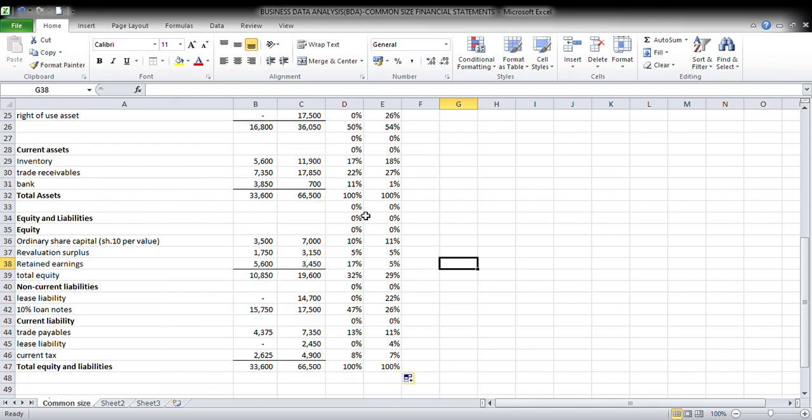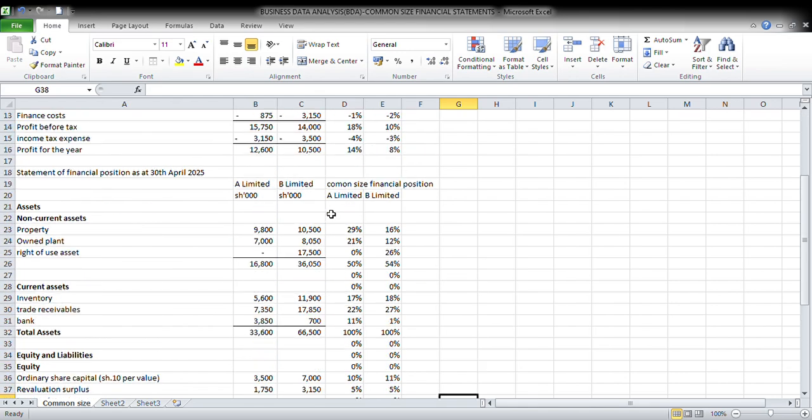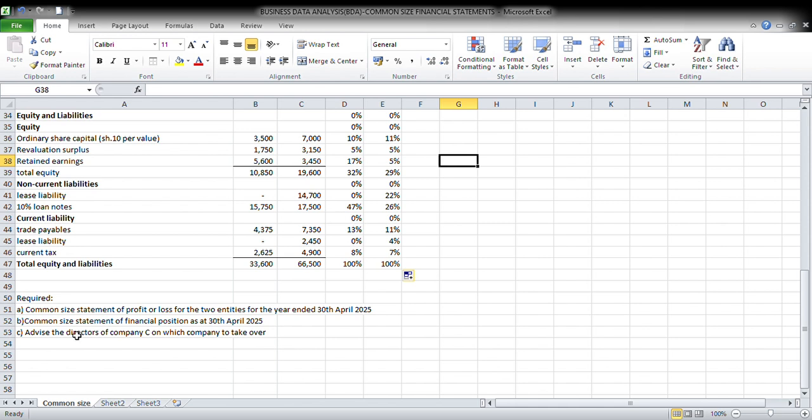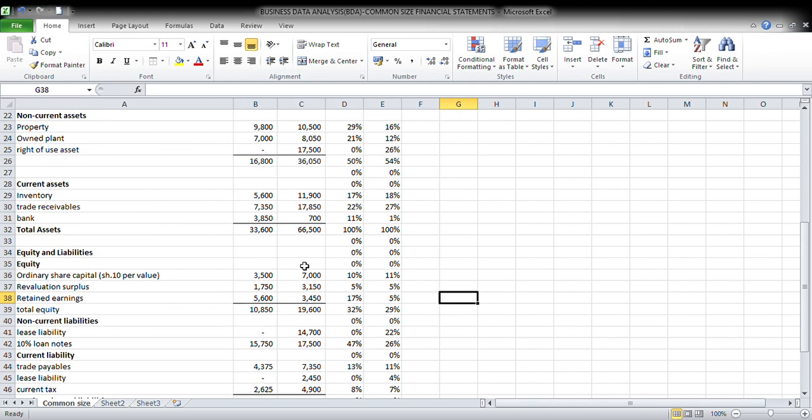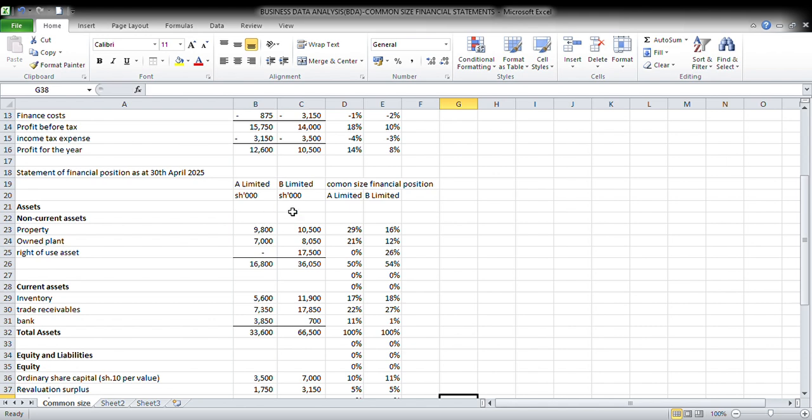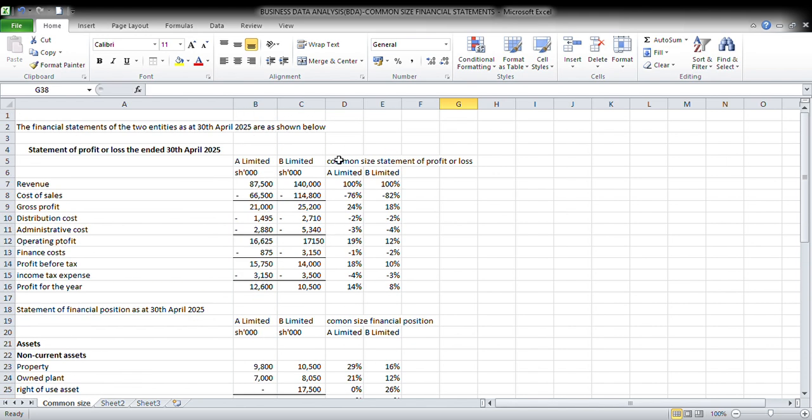Yes, then we can do the analysis now, so that we can advise the directors of company C on which company to take over. Is it company A or B, based on the common size analysis we have done. So for example, let's say the profit of the year.